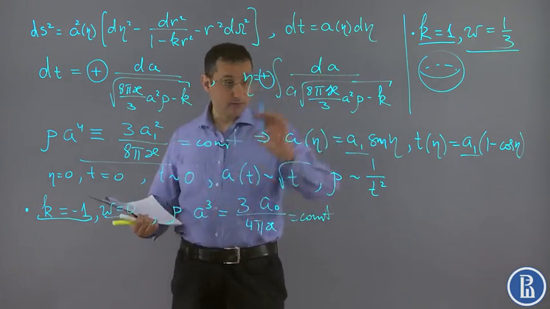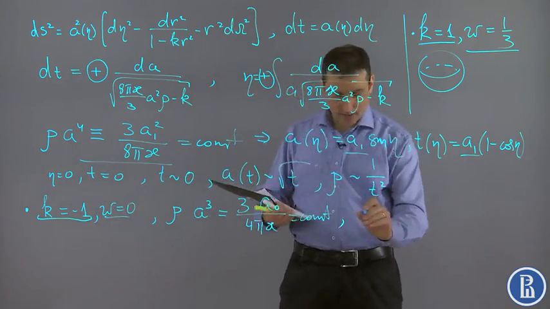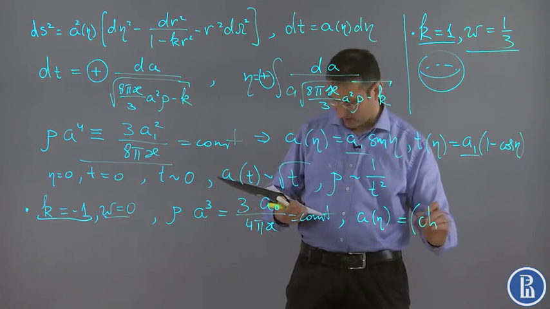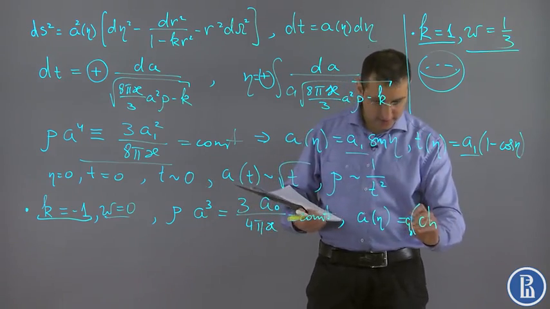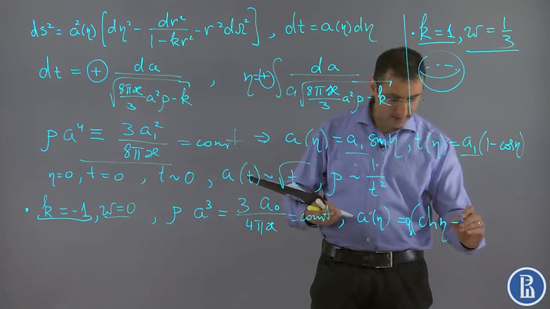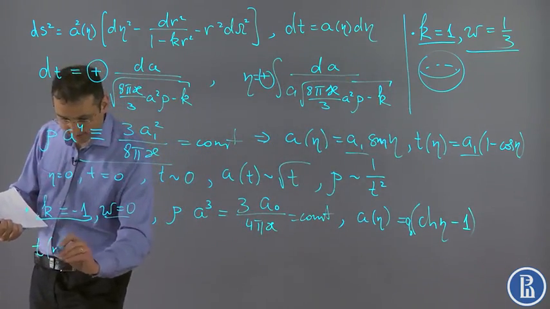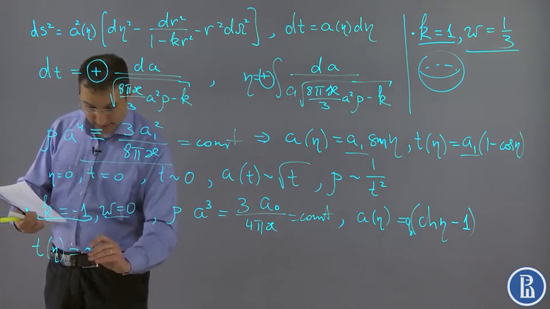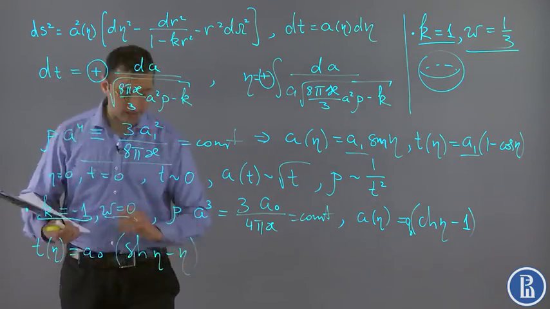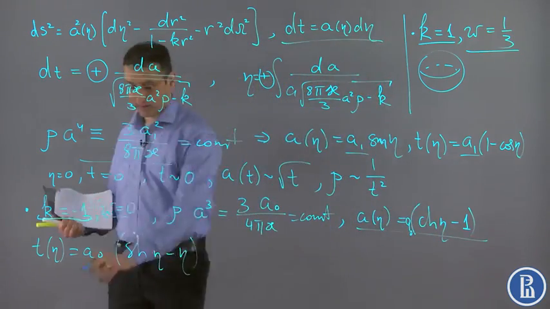If we use this and plug it here, we obtain that a of eta is equal to a0 times (hyperbolic cosine of eta minus 1), and t of eta is a0 times (hyperbolic sine of eta minus eta). Well, once we have got this, from this equation we can find t of eta.